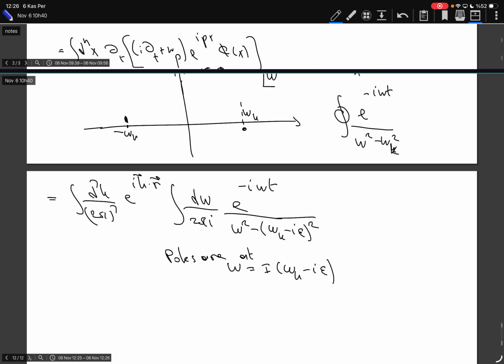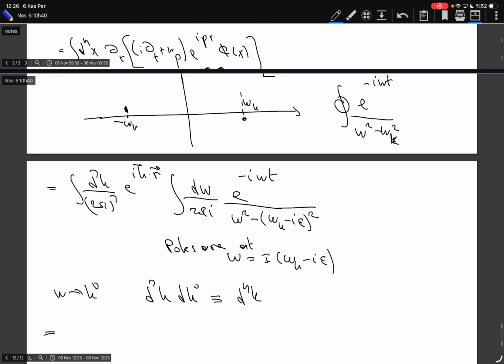Now let me again make another change of variable. Let me call omega k0, just for convention. And then I have the d cubed k dk0 integral. I will just denote it by d4k, the four-dimensional integral. I have d4k divided by 2 pi to the fourth, e to the power minus i k dot x.